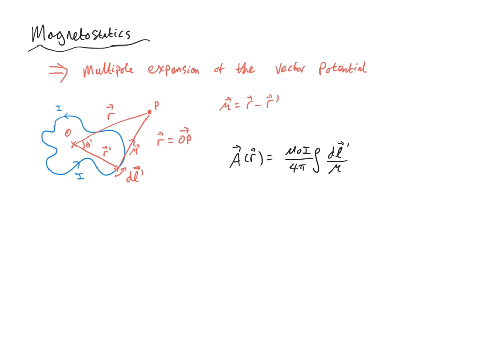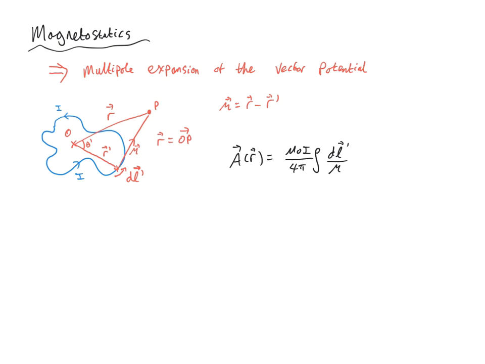So the idea is to have a systematic way of approximating the vector potential of any arbitrary complex current configuration. We organize the information as a power series in 1 over r, so that subsequent terms get smaller and less important, and we can identify what the most important contributions are.